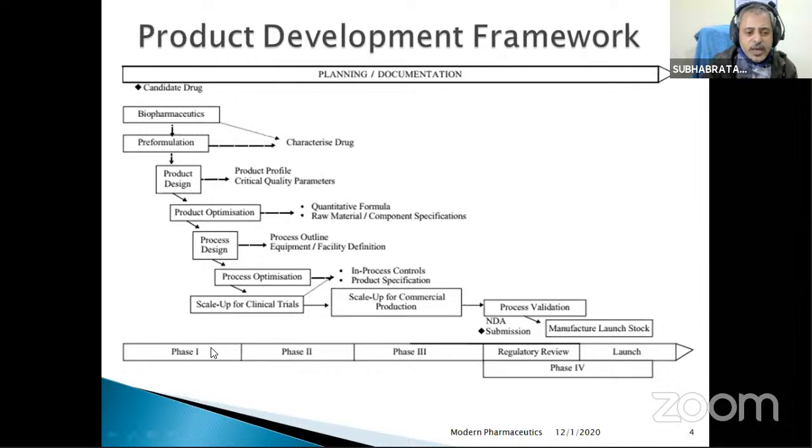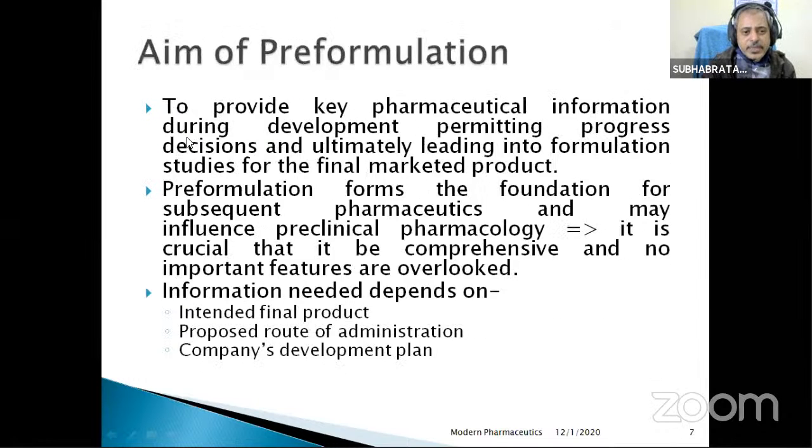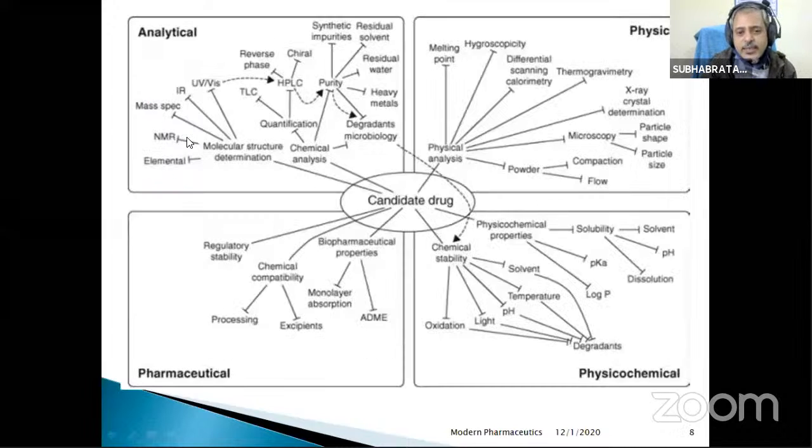So even in the phase 1 study, when a sufficient quantity of drug is not available with the formulation scientists, they still can go for a lot of different types of pre-formulation studies.